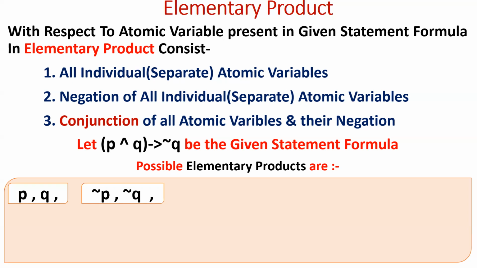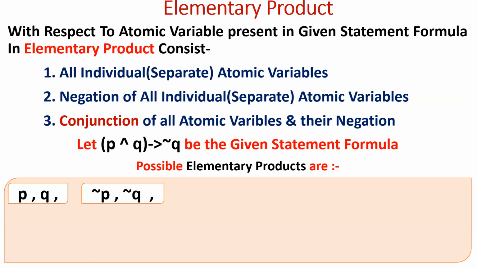Then afterwards we are making groups of two atomic propositions. While making the group of two propositions, in between these two atomic propositions we are using conjunction, because we have already learned that with respect to conjunction we are using the word product. Have you understood clearly?